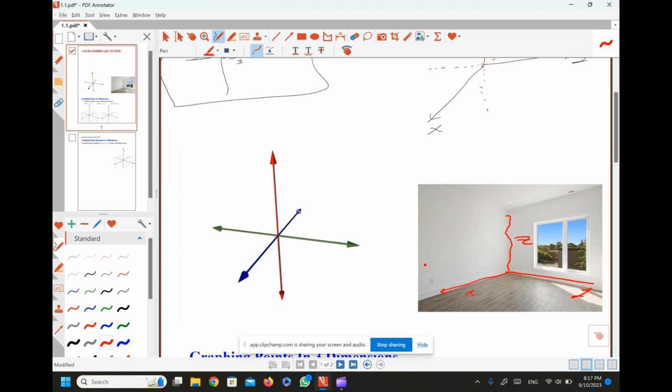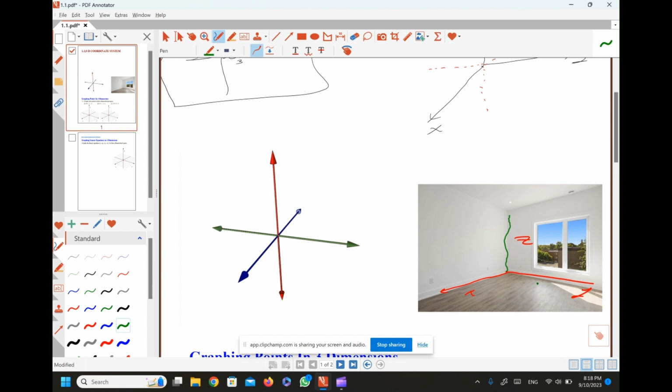Sorry, let me try to sketch it again. So here we have z-axis, the corner, the edge is the z-axis, the right side wall is the y-axis, the left side wall is the x-axis. So this is an example of three-dimensional coordinate system.